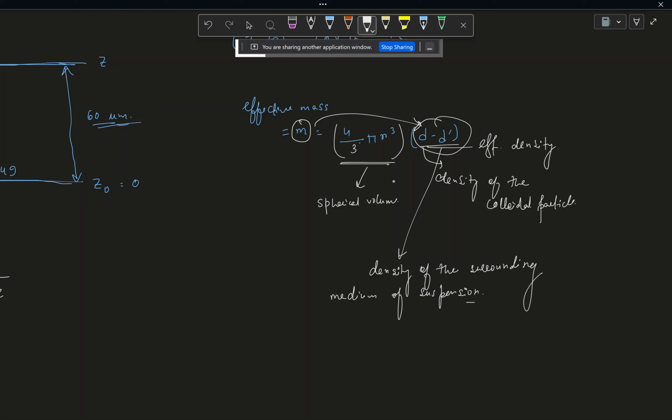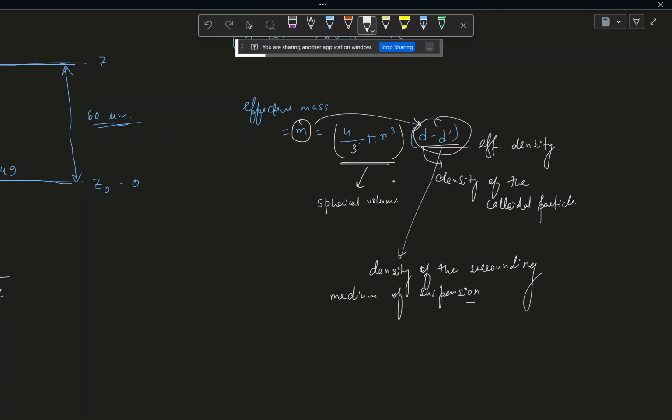Similar thing happens here: the molecules surrounding the particle are interacting with it, producing impact or force on it, because of which you have to take the effective density. You cannot deal with a single particle's density here. So it is the effective mass of the Brownian particle.